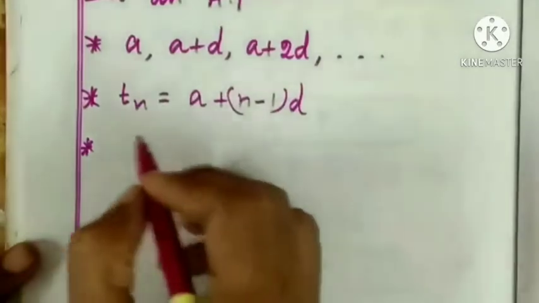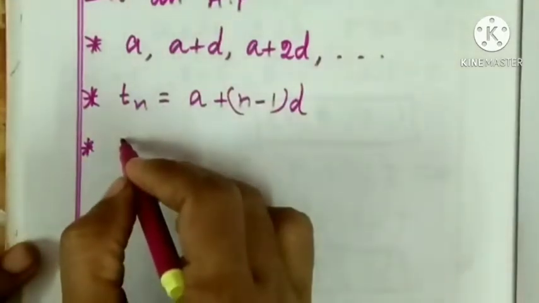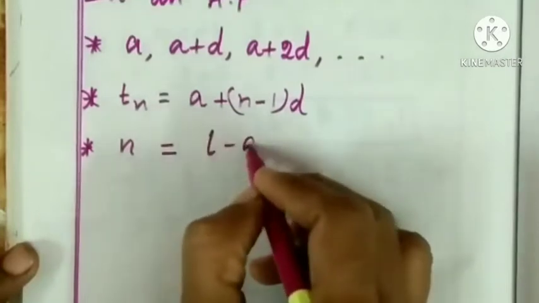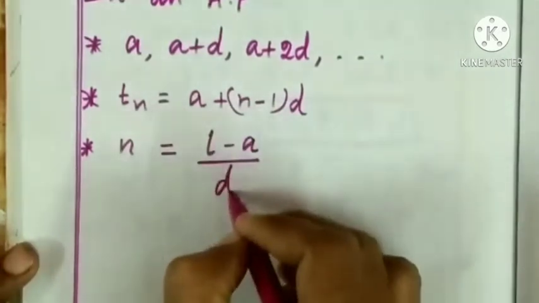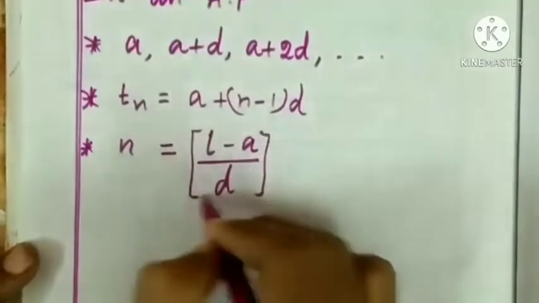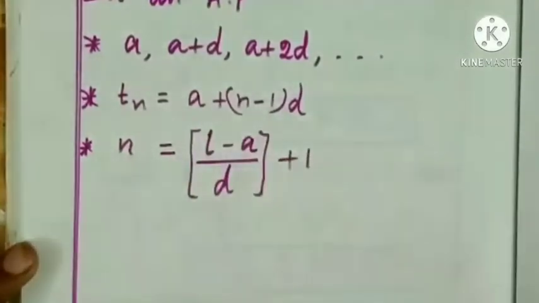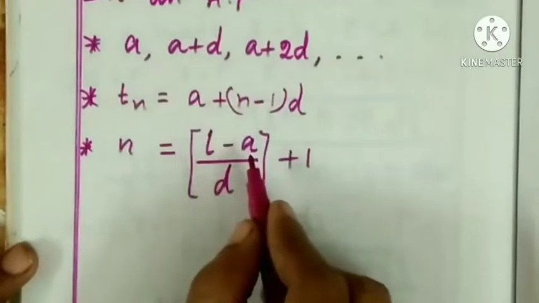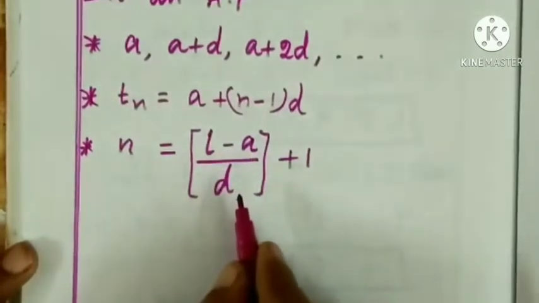The next point, number of terms of an AP is equal to L minus A divided by D plus 1. Here L is a last term, A is a first term, D is a common difference.